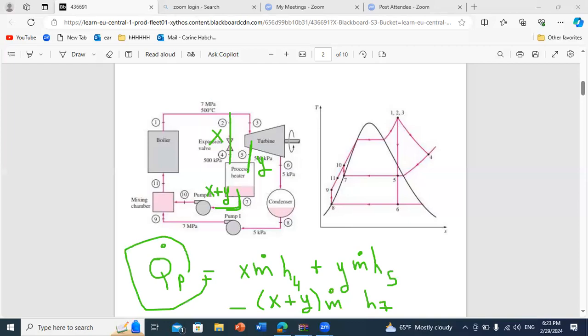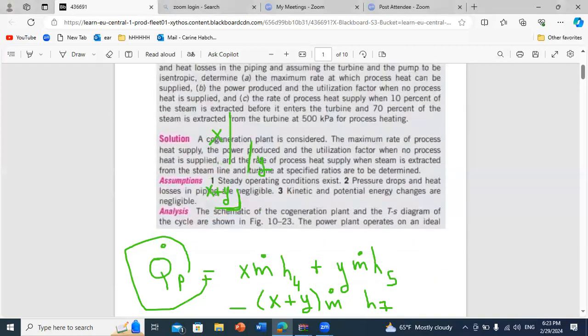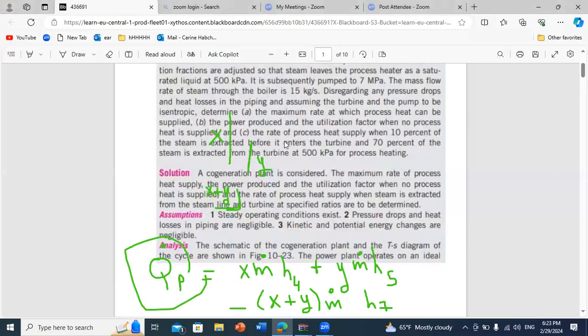In this example, if we go back to the given, they told you that 10% is extracted before it enters the turbines. So this is X, the fraction extracted to the expansion valve, and you replace X by 0.1. They then said 70% of the steam is extracted for process heating from the turbine, so Y is 0.7, and X plus Y is 0.8.